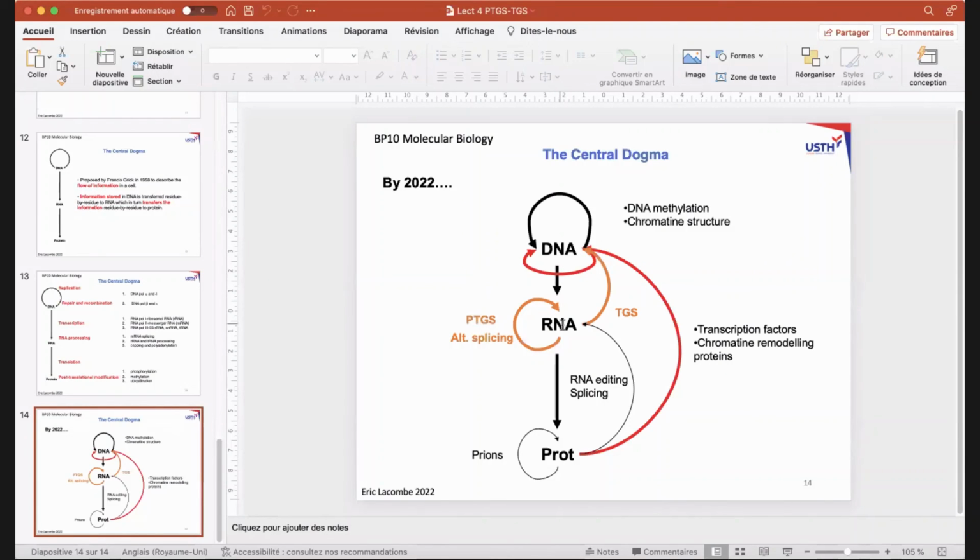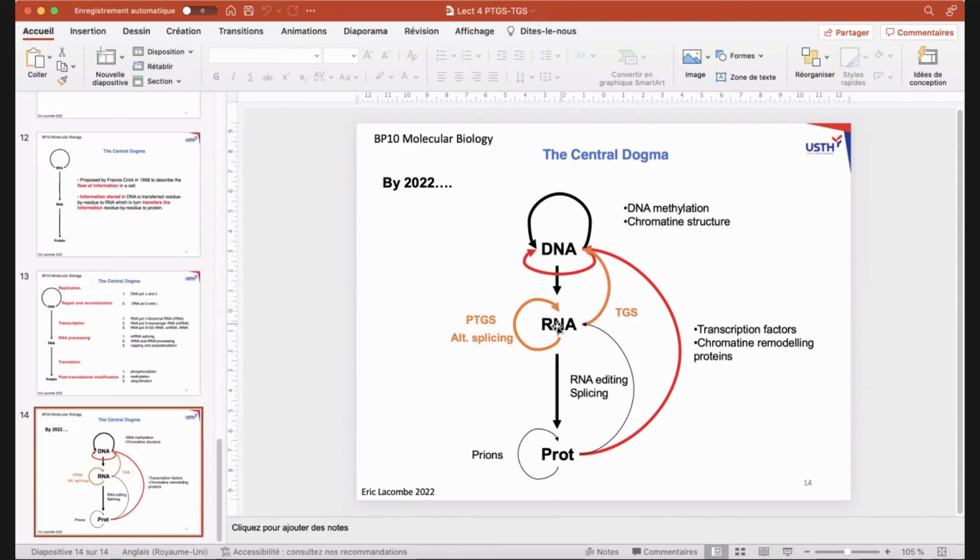The classical microRNAs we saw a few minutes ago are small RNAs that contain information, and this information is directly perceived by RNA because they are going to be degraded. So there is also information from RNA that affects RNA itself.